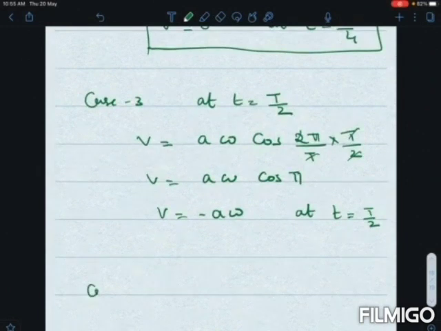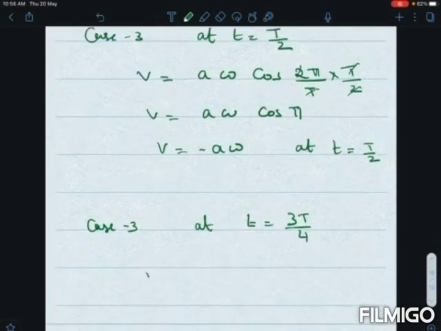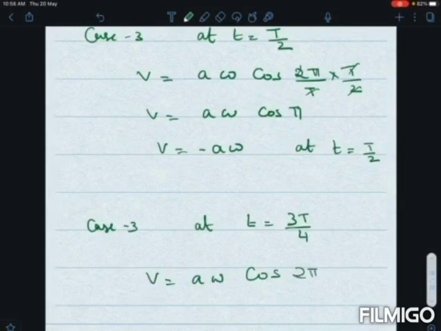Again, the next case, just remember what it was. It is 3/4 of it, no? So t is equal to 3T by 4. So V is equal to a omega cos 2 pi by T into 3T by 4.